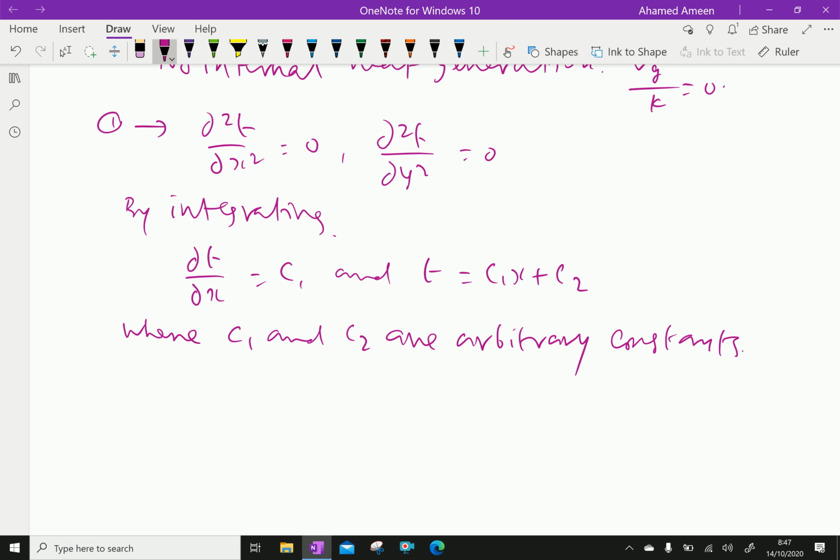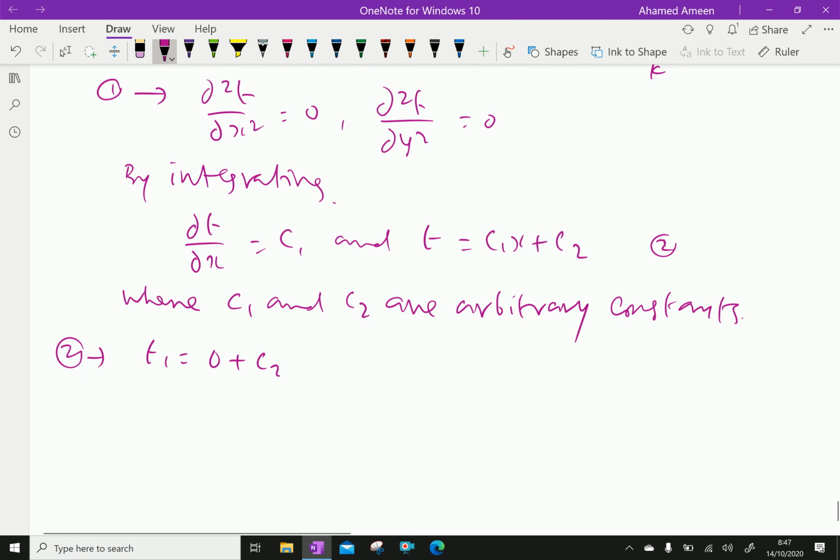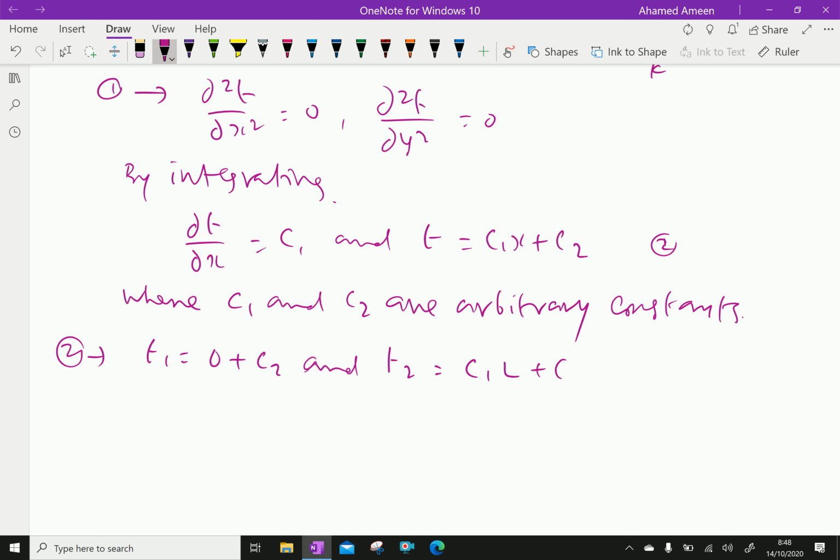Therefore, substituting the boundary conditions in this equation, equation 2 becomes T1 equals 0 plus C2 and T2 equals C1 L plus C2.